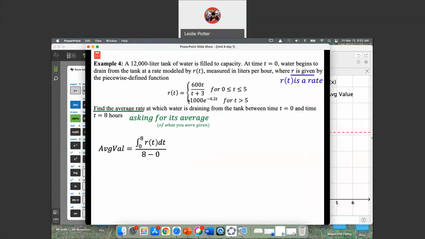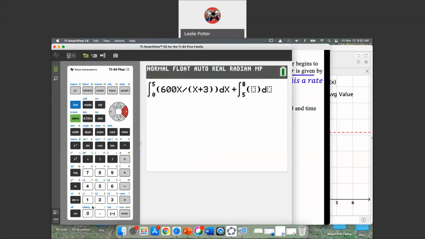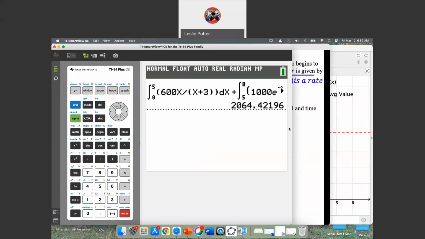And that's 1000 e to the minus 0.2t, and we're integrating that with respect to variable x. The value of that area is 2064.42196. I'm going to keep all of those decimals, because it's an intermediate calculation, so I don't want to round yet.